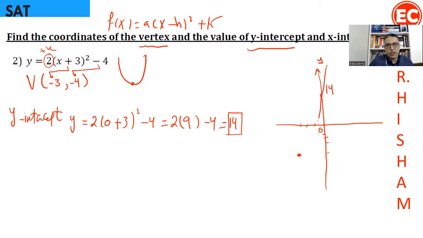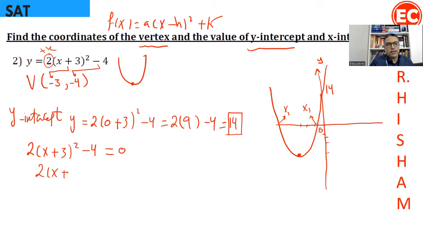So I'm going to sketch a parabola. This parabola will intersect the x-axis at the point x1 and at the point x2. I can figure out the values of x1 and x2 by making this equation 2(x + 3)² - 4 equal to 0. So 2(x + 3)² is equal to 4, divided both sides by 2.